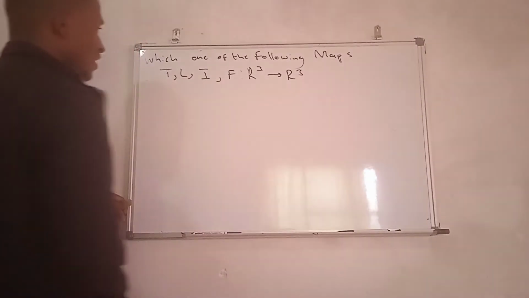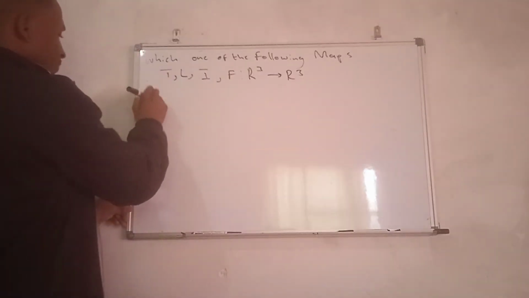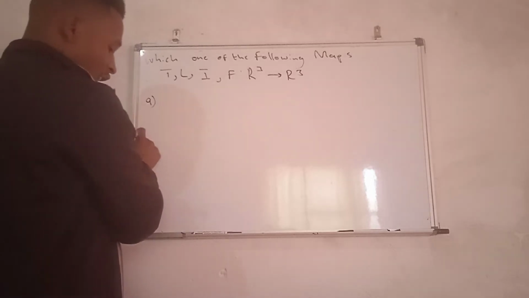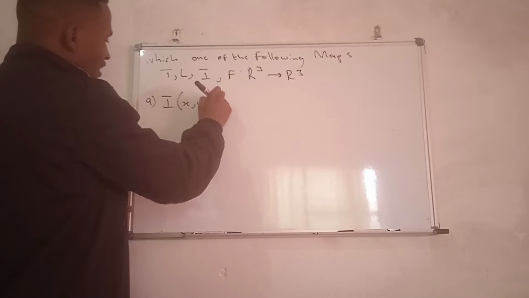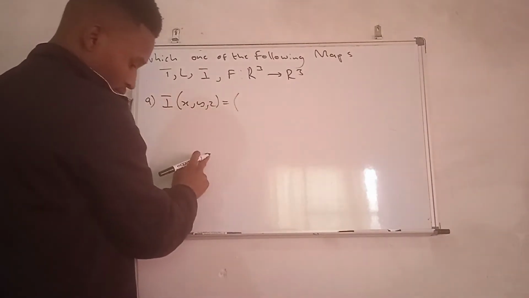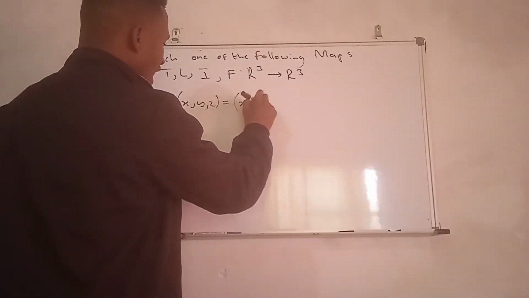And then they gave us options. Option number 1 is A. They're saying I of (x, y, z) equals just (x, y, z).